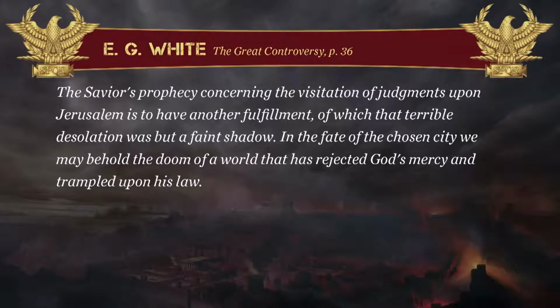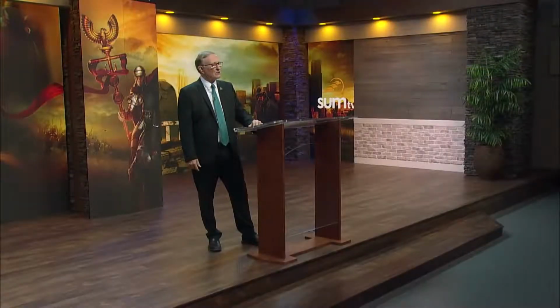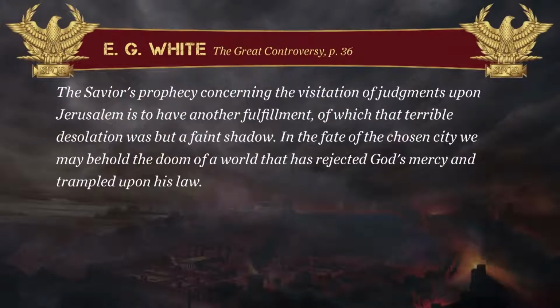You say, how can anything be worse than what Ellen White describes in that chapter on the destruction of Jerusalem? And yet Ellen White is saying here that what happened in Jerusalem was but a faint shadow of what's going to happen at the end of time. She continues, in the fate of the chosen city, we may behold the doom of a world that has rejected God's mercy and trampled upon His law.